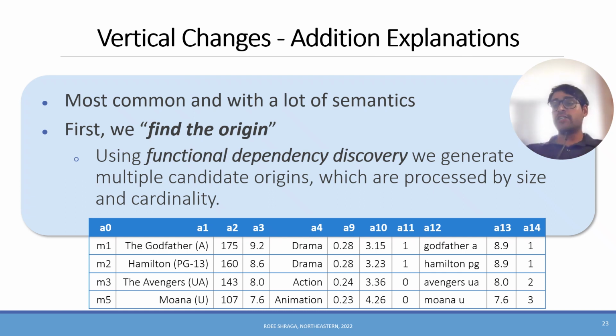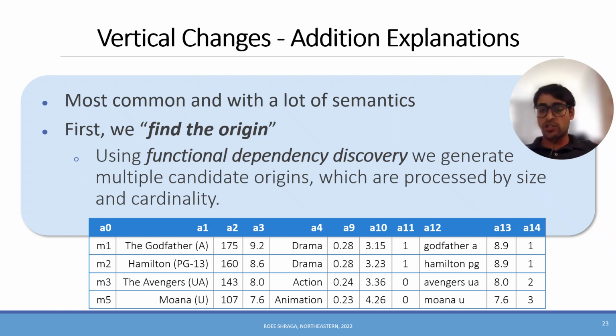When we look at vertical changes, again, when we deal with attributes, we also look at one additional component which we refer to as find the origin. Specifically, when we look at these type of changes, there has been some sort of origin to these changes that occurred there. And specifically, as a byproduct, a functional dependency was created because, when you change a value, you do that using a transformation that is consistent throughout the change in this column.